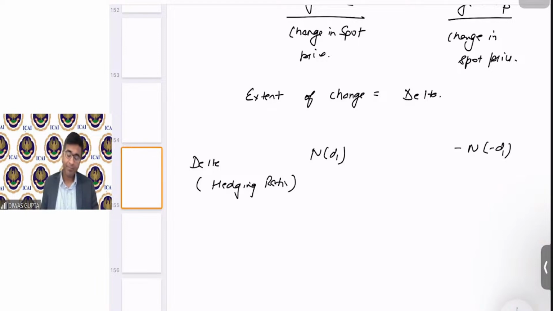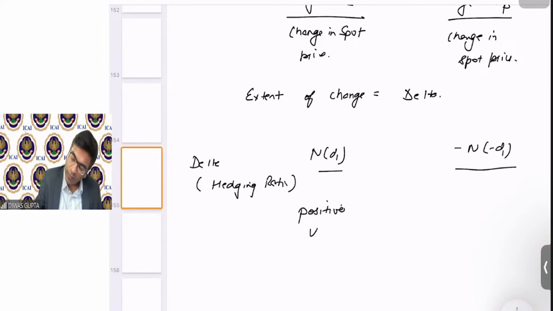Okay. So as I was saying, that N(d1) that we use in the Black-Scholes model is called the delta in a call option, and minus N(minus d1), which is used in the put option formula, is also used for the delta. So this is a positive value, students. And this is a negative value.